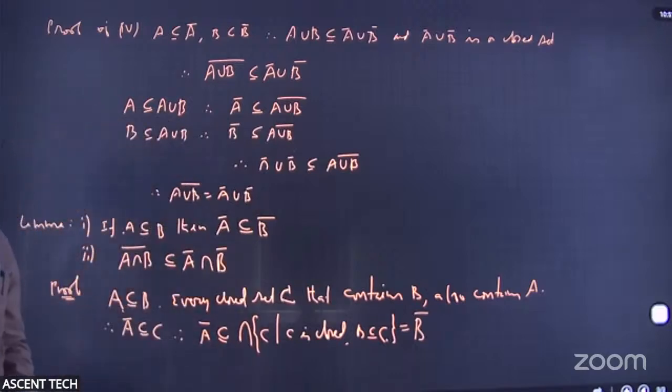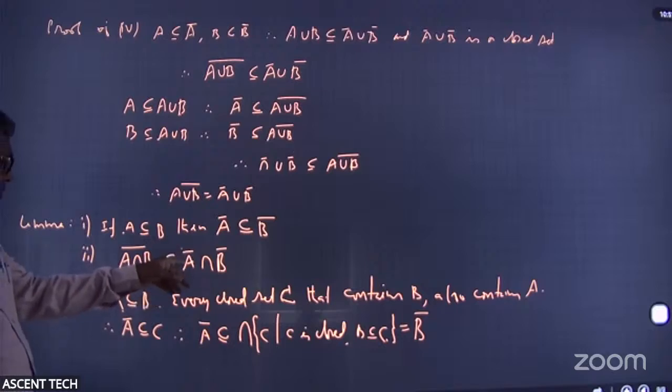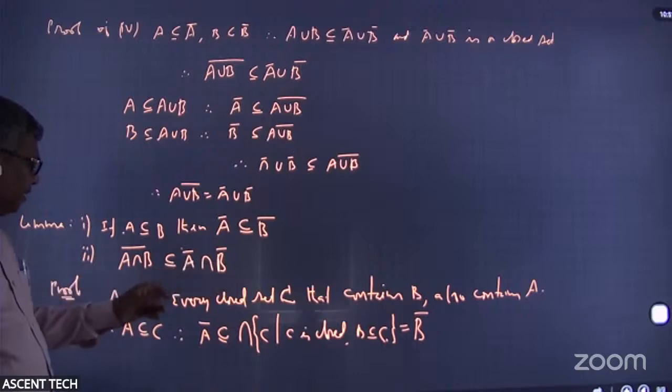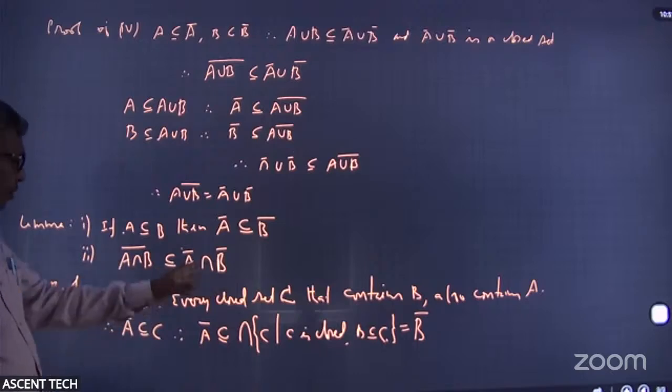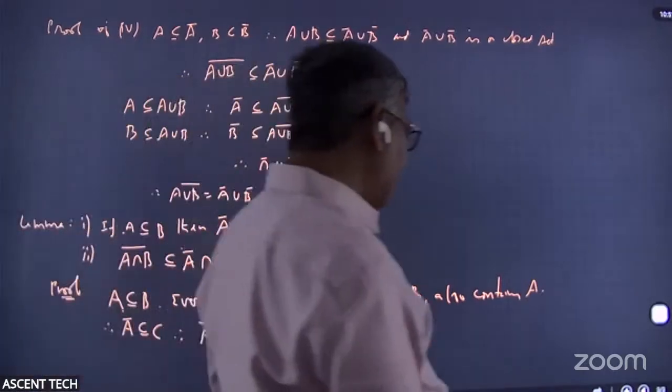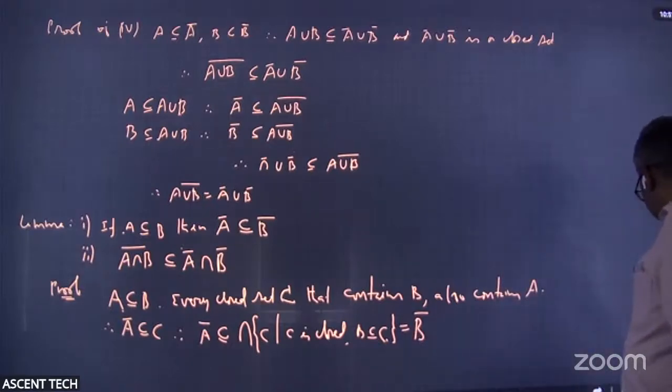So A bar is contained in B bar. This is also very easy. You see, A bar is a closed set that contains A intersection B. B bar is a closed set that contains A intersection B. So A bar intersection B bar contains A intersection B, so that contains the closure of A intersection B. One side is done. The other side you don't get. I'll give you an example why you don't get the other side.